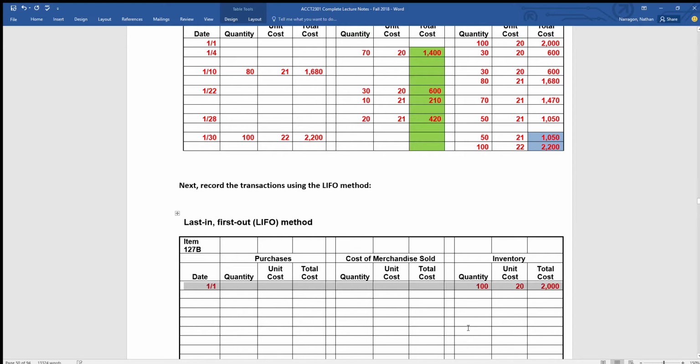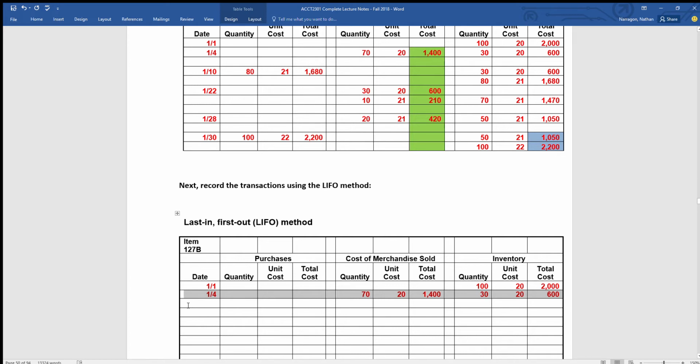We have our inventory of 100 units at a cost of 20. On January 4th, we did sell. We only have one batch of inventory, and that's the 20. So here, nothing's going to change. Still the same thing. We have 30, 20, 600.